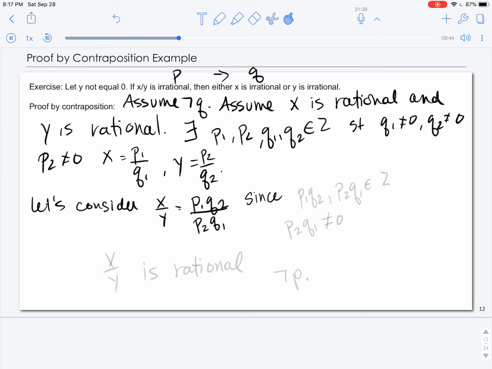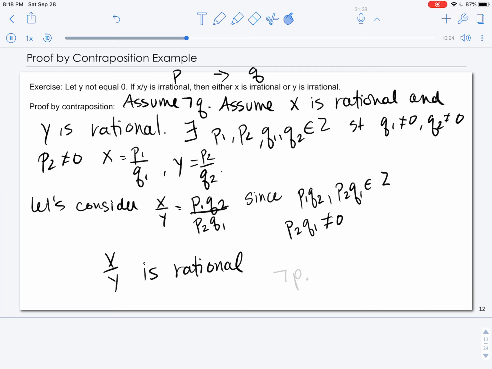Since the integers are closed under multiplication, we know that p1 times q2 is an integer and p2 times q1 is an integer. And since p2 and q1 are not equal to 0, their product is not equal to 0. So since we've expressed x divided by y as the ratio of two integers such that the denominator is non-zero, we know that x divided by y is rational.